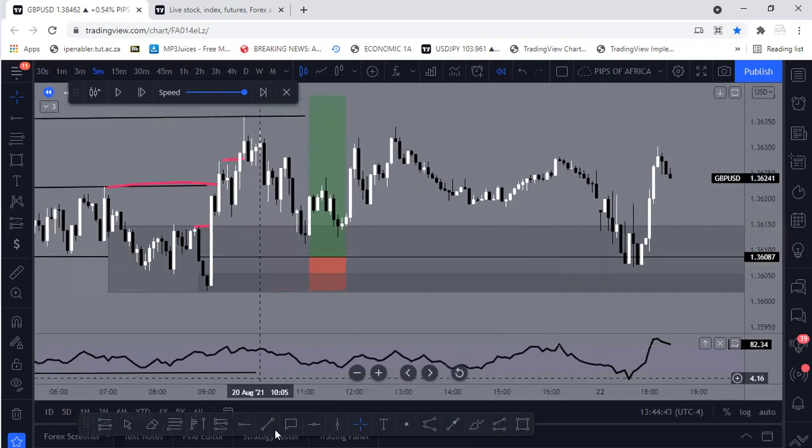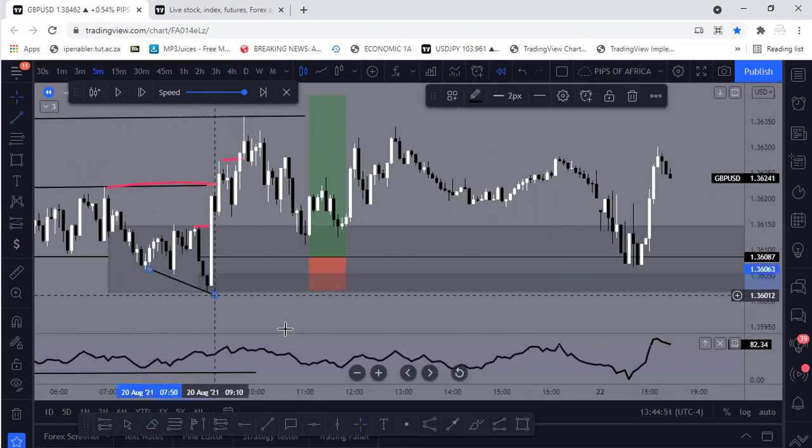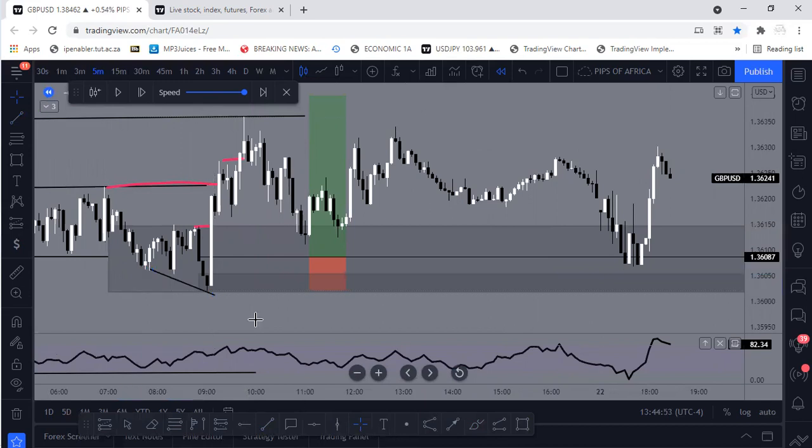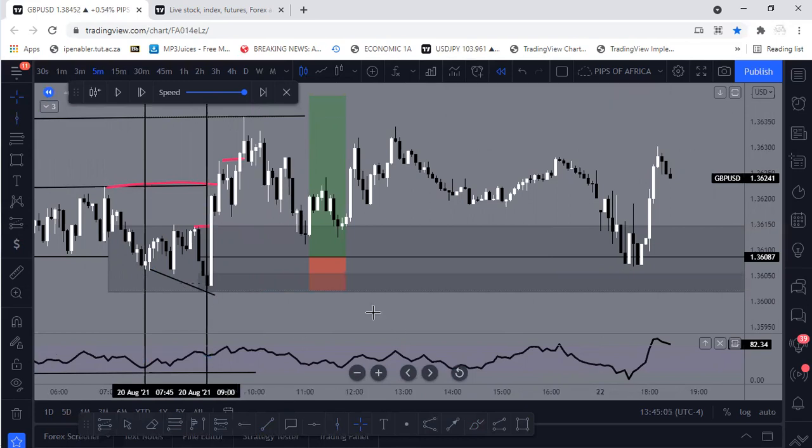I got my divergence here on the 5-minute time frame. From this low up to this low here, the price was falling.